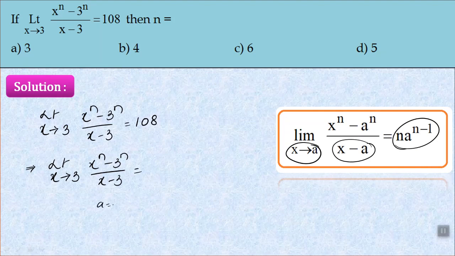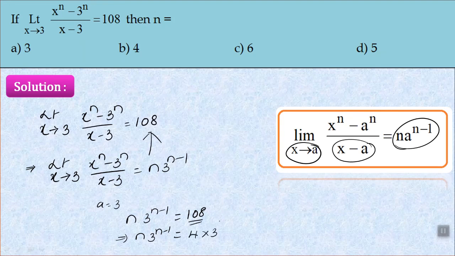Here a is equals to 3, so n into 3 power n minus 1 is equals to 108. This can be written as 4 into 3 power 4 minus 1. From this n is equals to 4. Therefore the answer is option B.